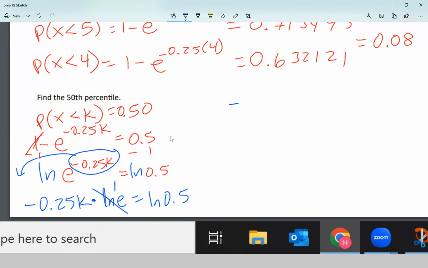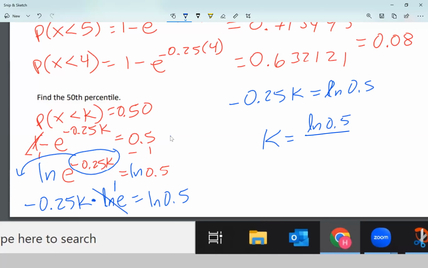So I have negative 0.25k is equal to ln 0.5. I remember algebra: to get k by itself, shouldn't I divide both sides by negative 0.25? So k is the natural log of 0.5 divided by negative 0.25.